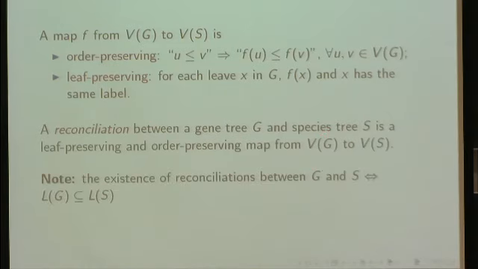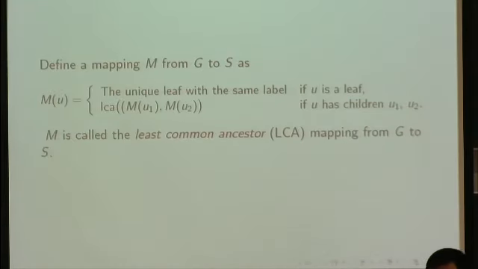And a reconciliation between G and S exists if and only if the leaf set of G is a subset of the leaf set of S. And the LCA mapping, which is studied a lot in this context, is just a map.